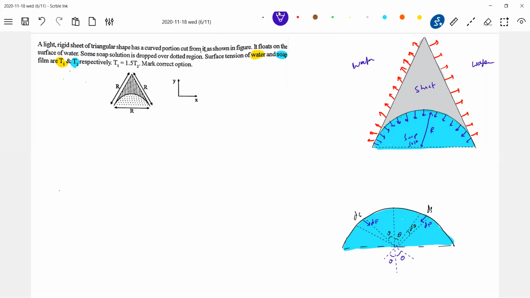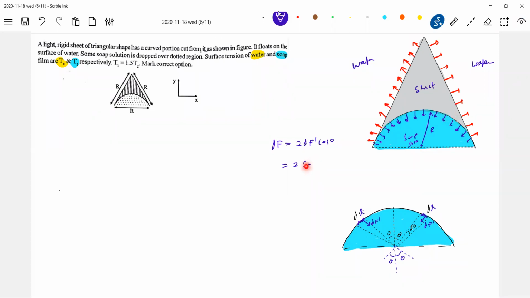So therefore this should become equal to df dash, we'll write it. So df equals 2 df dash cos theta. What is df dash? Surface tension into length dl. I'm asking you to take some small elemental length. Then what is the surface tension force? Force due to surface tension into that length.